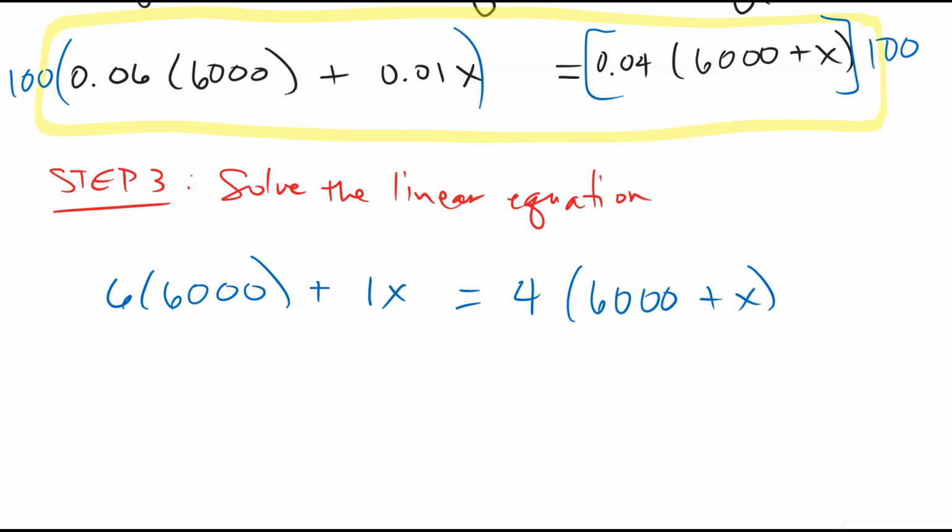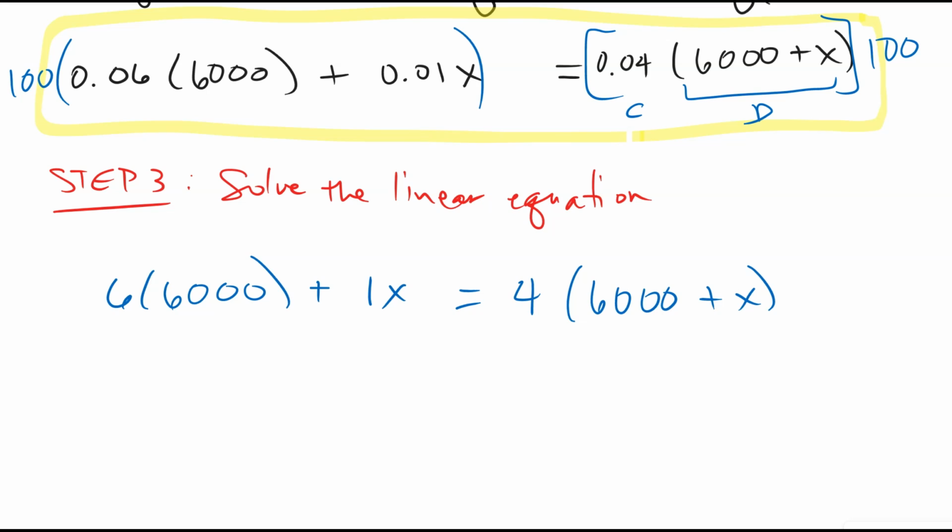A real common error is to try to distribute the 100 to some of these terms, right? But this is multiplication, right? So let's say this quantity is C and this quantity is D, right?